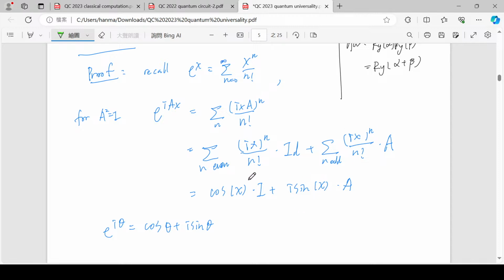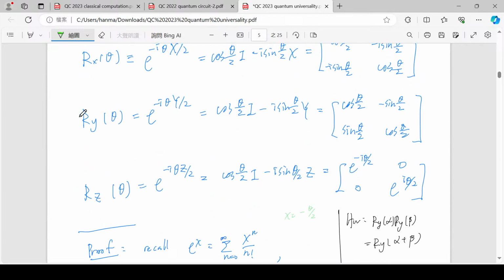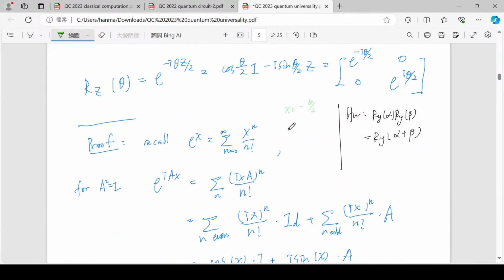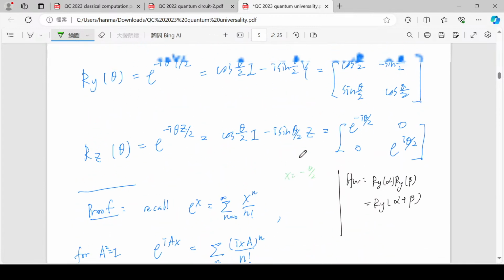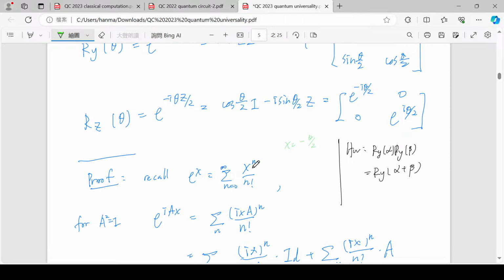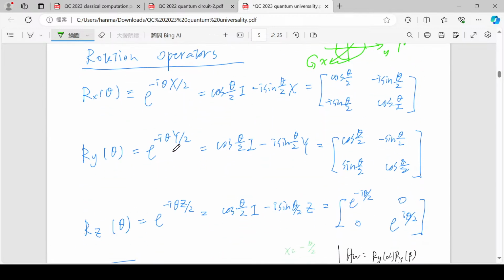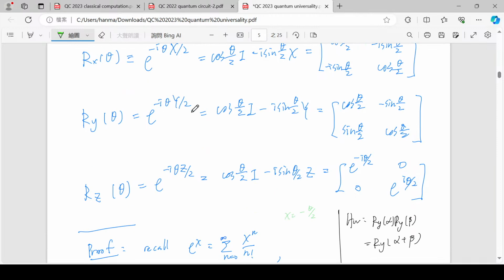So that's cosine x times identity plus i sin x times A. And so this proves that this thing is cosine of x, where x is actually equal to minus theta over 2. Sorry, minus theta over 2, i is not inside x.